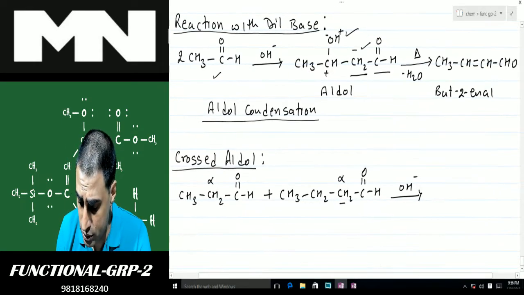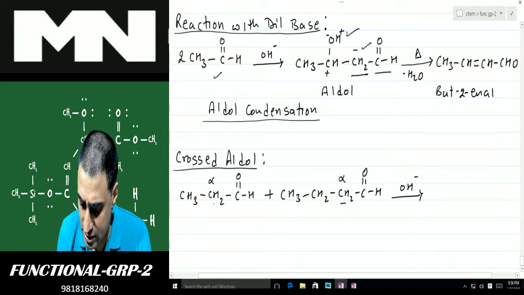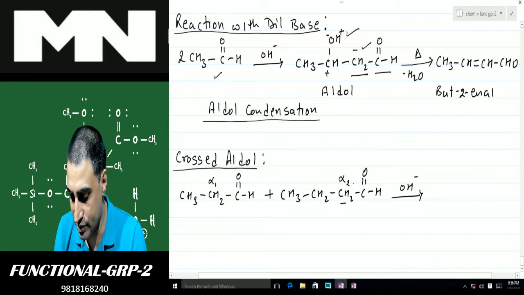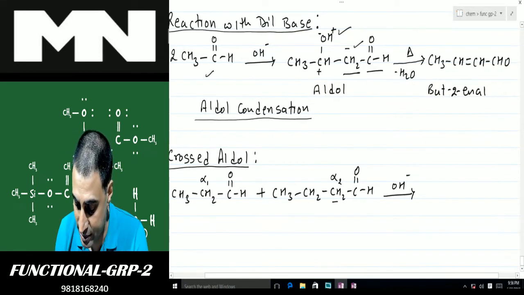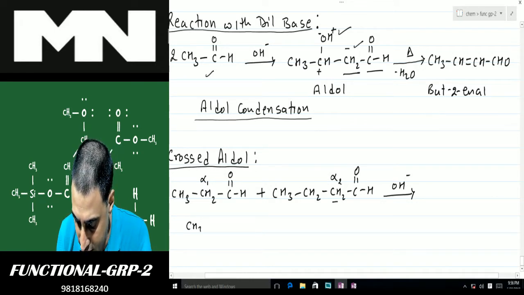Now suppose I am marking them as the first alpha carbon and the second alpha carbon. Suppose the second alpha carbon is acting as an acid and is donating H positive ion. Then the first one will accept it. The first product which I will get is CH3, CH2, CH, OH.